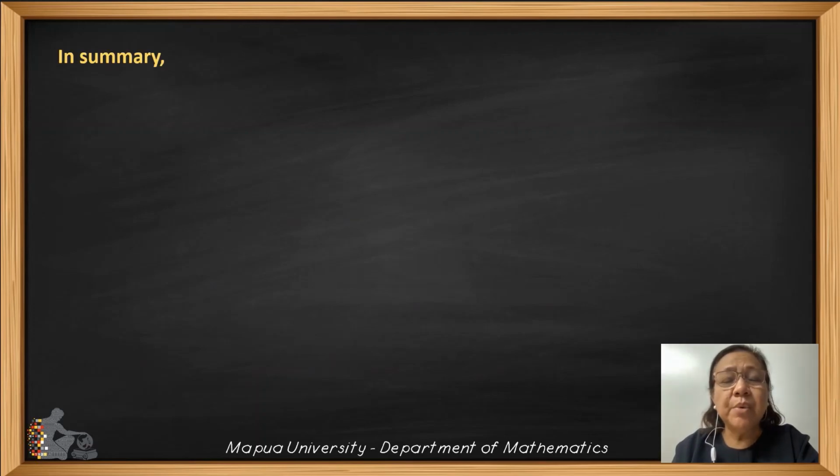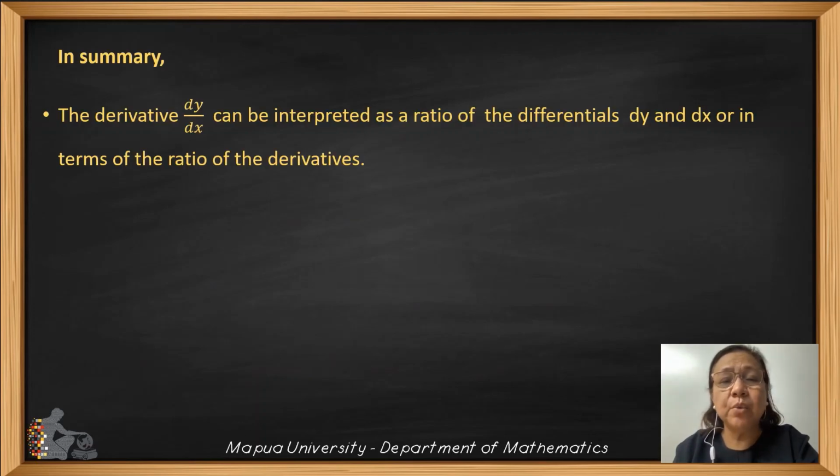Okay, based on our discussion, we can summarize the following. The derivative dy/dx can be interpreted as a ratio of differentials dy and dx, or it can be interpreted in terms of the ratio of the derivatives.